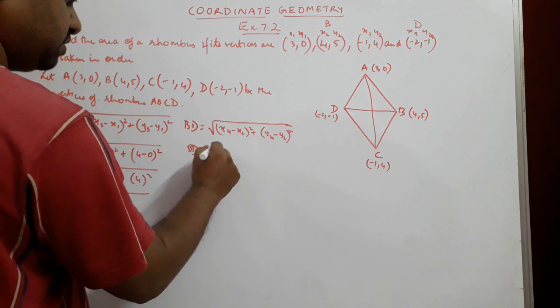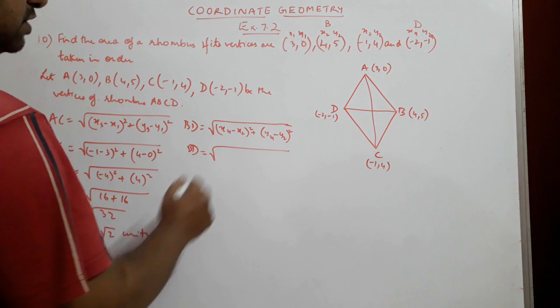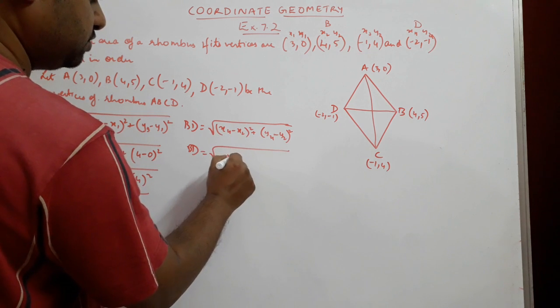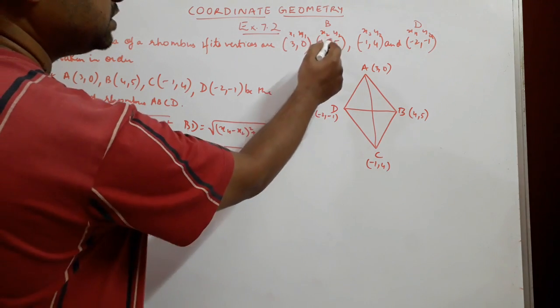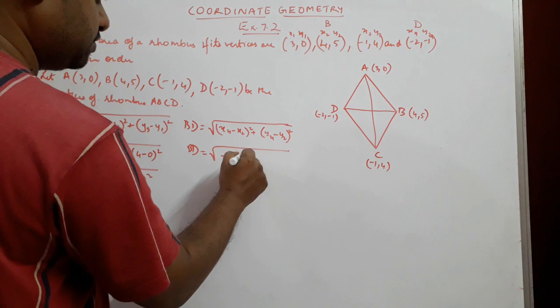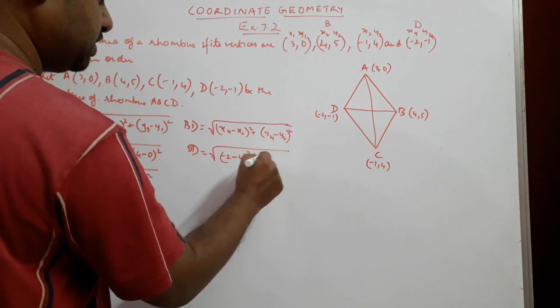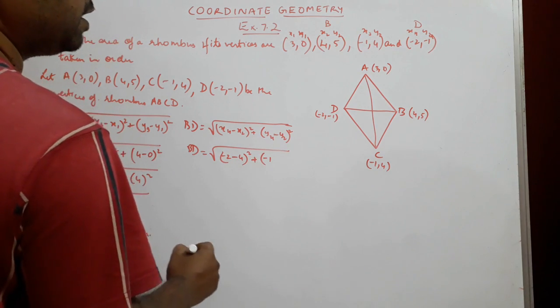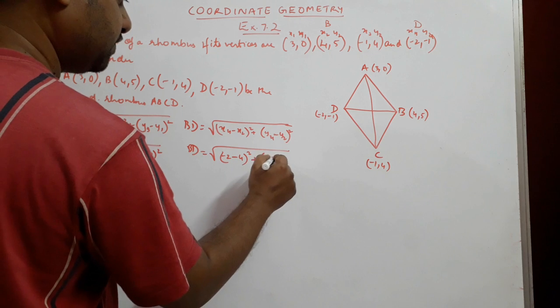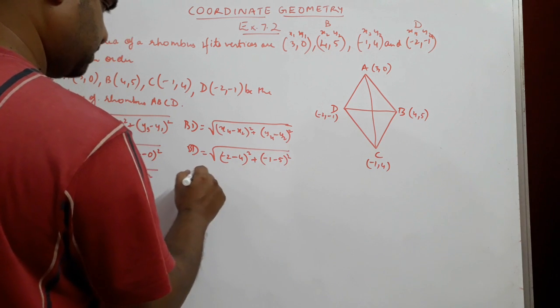Now we substitute the values. x4 is minus 2 minus x2 is 4, whole square, plus y4 is minus 1 and y2 is positive 5, so that will be minus 6 whole square.